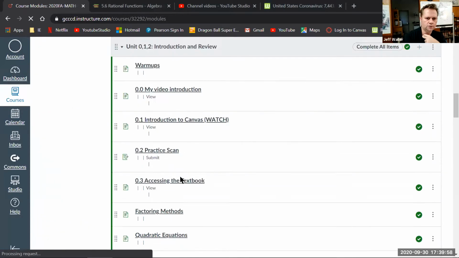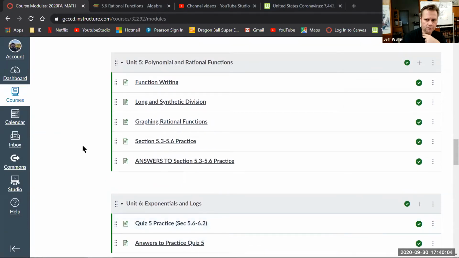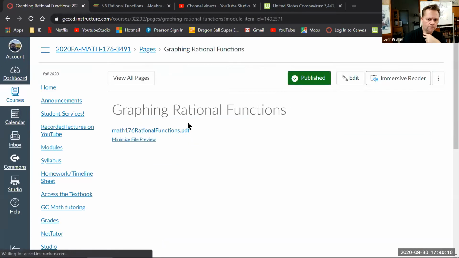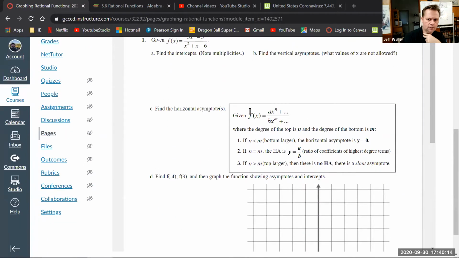Just to remind you guys, let's see who's paid some attention. If you go to modules and you go to unit 6, where did we first do rational functions? Here we go. And over here, like I told you guys, there are the three situations.